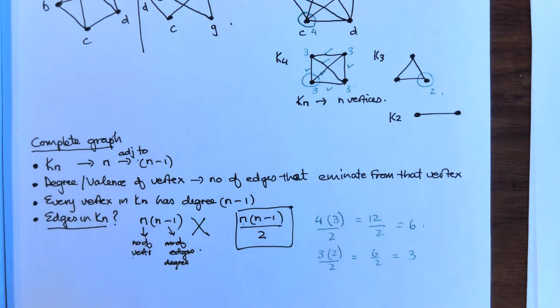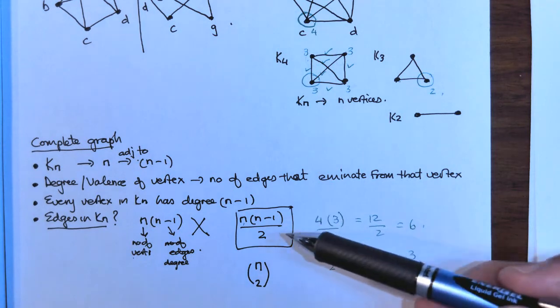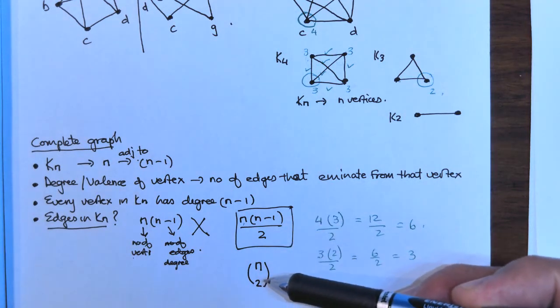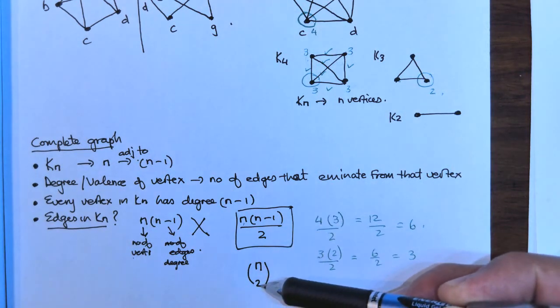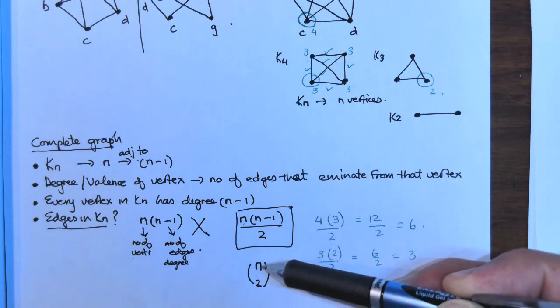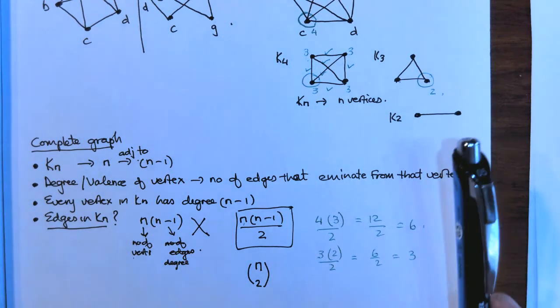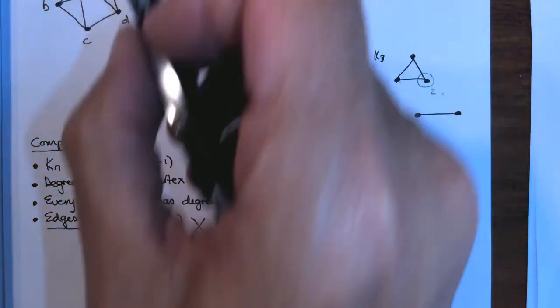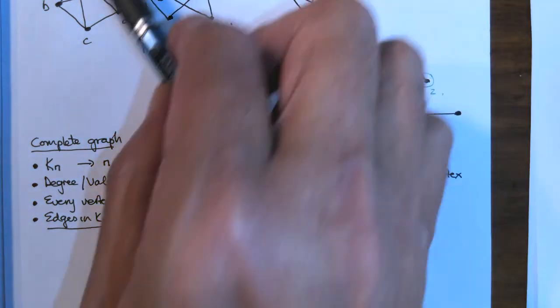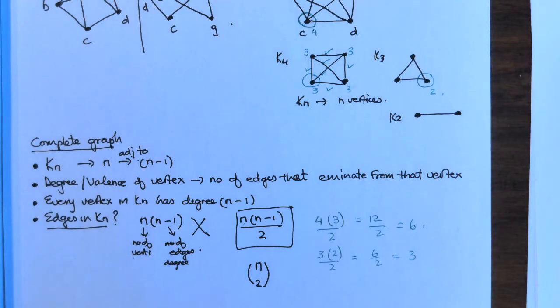In the language that we've learned before, there's n choose 2. Since to draw an edge, we must choose 2 of n vertices, which will give me a particular edge. That's a few things that we have to remember when we talk about our graphs and how they behave.